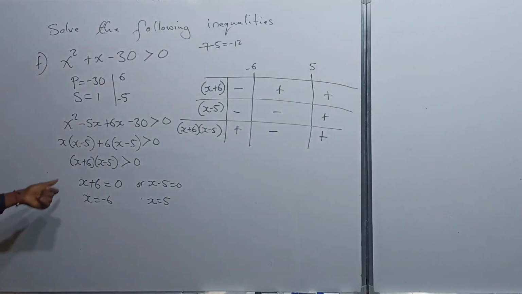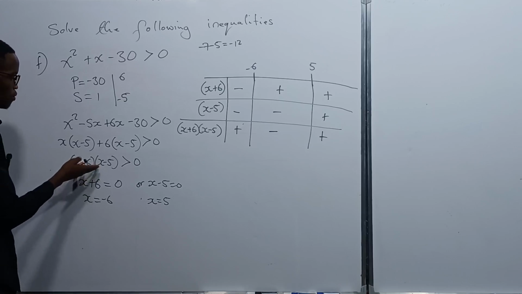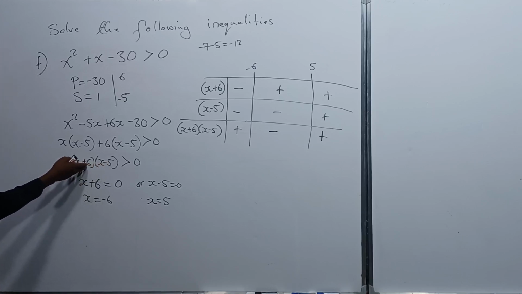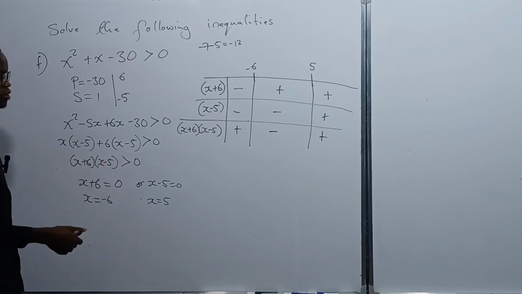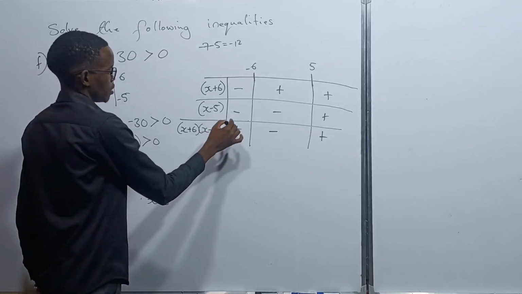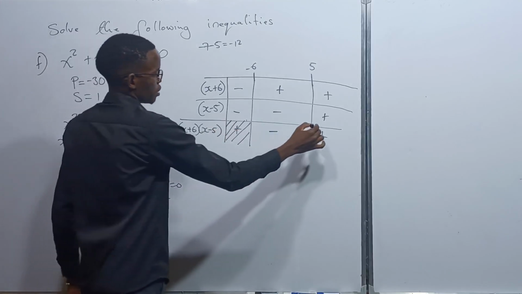If you look at this expression, the values of x are only true if, when we place them there, they give us a positive number, which is greater than 0. So the region of our solution that we're interested in is this region and that region.